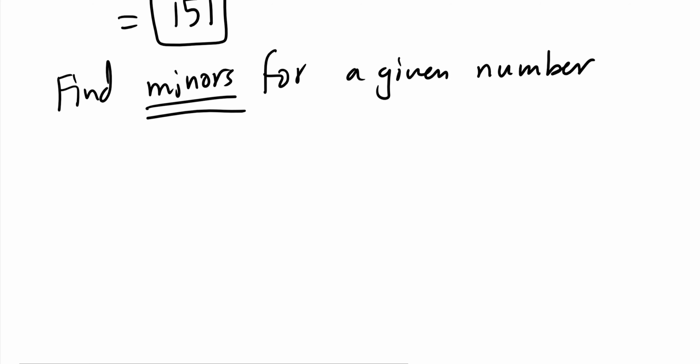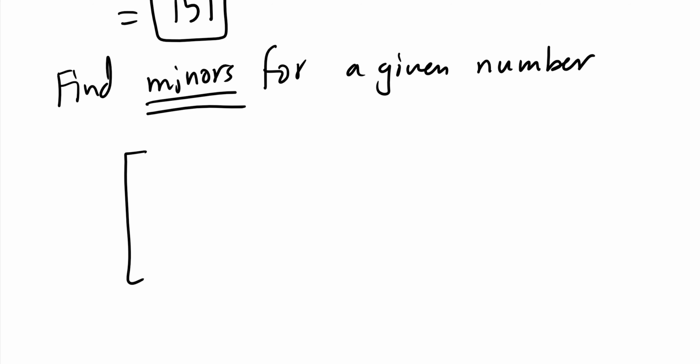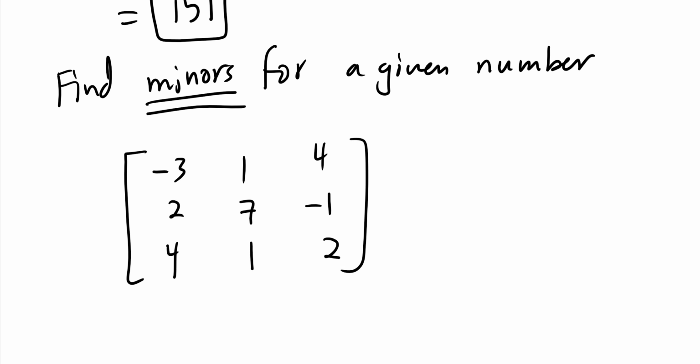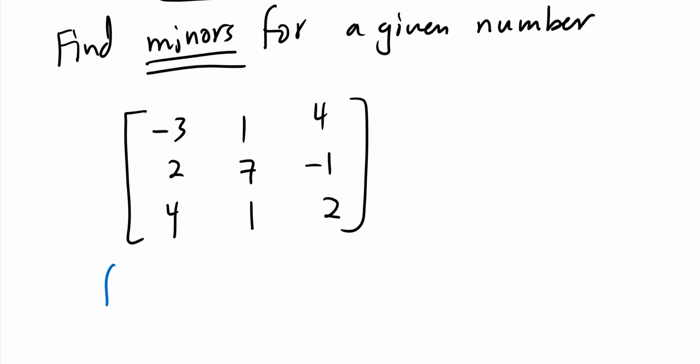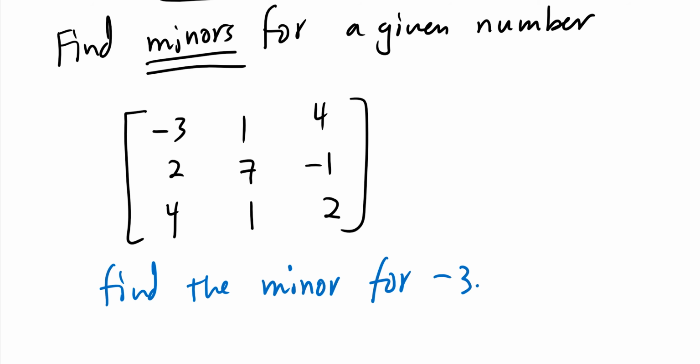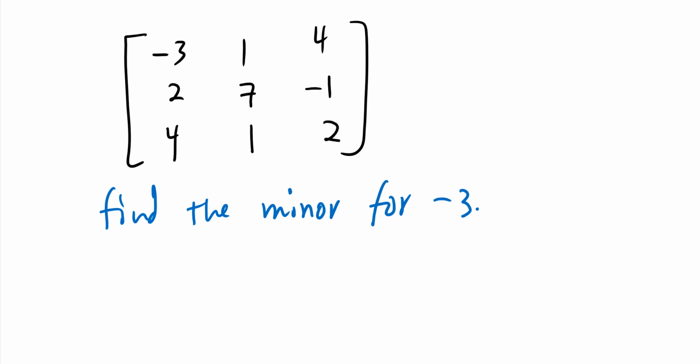So let's say we have this matrix -3, 2, 4, 1, 7, 1, 4, -1, 2, and we are asked to find the minor. Find the minor for -3. So we need to find the minor of -3. Very easy.